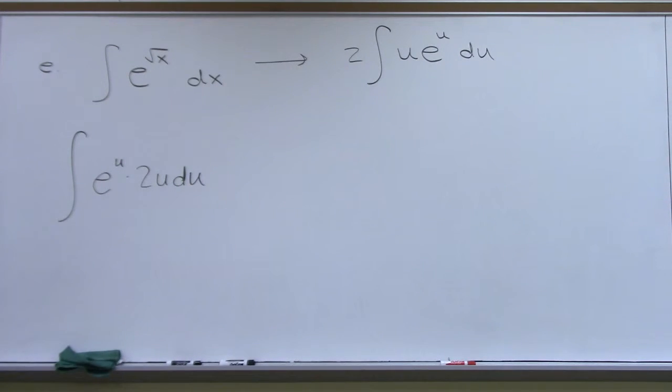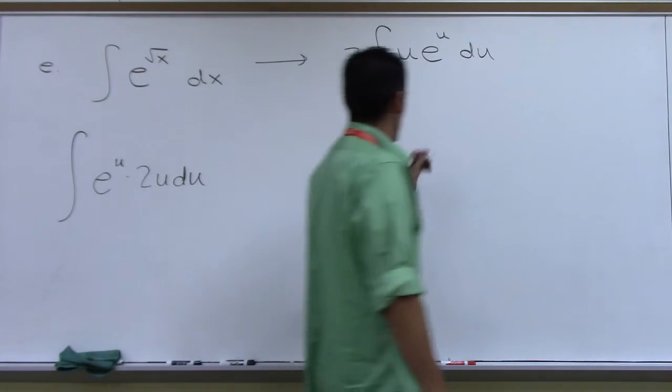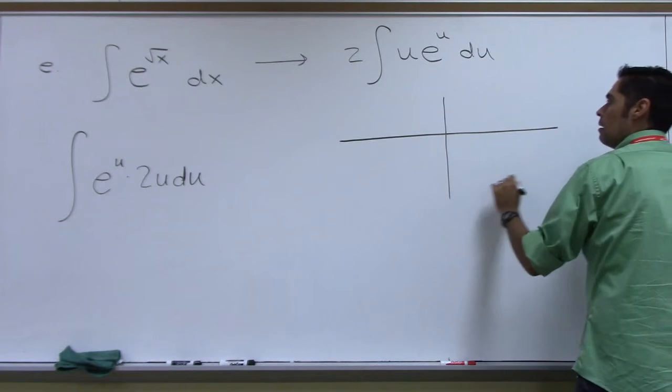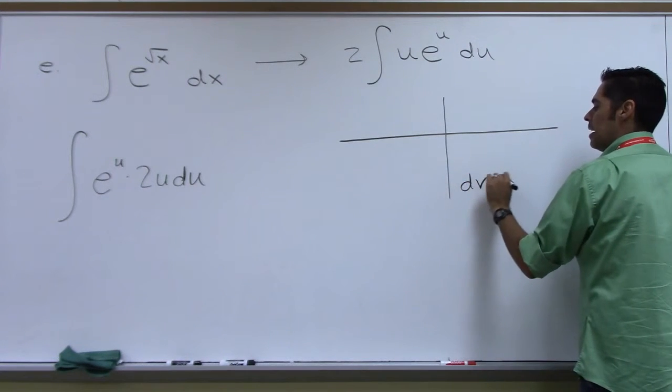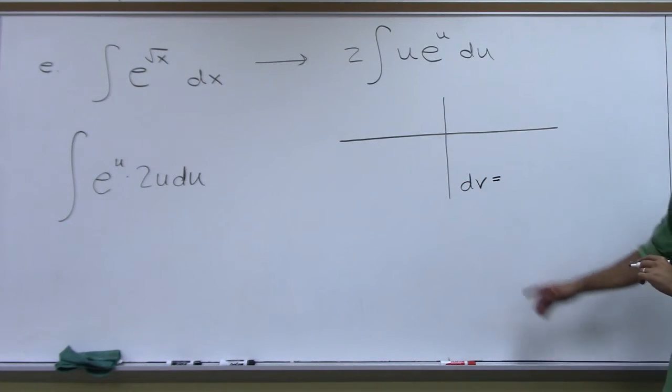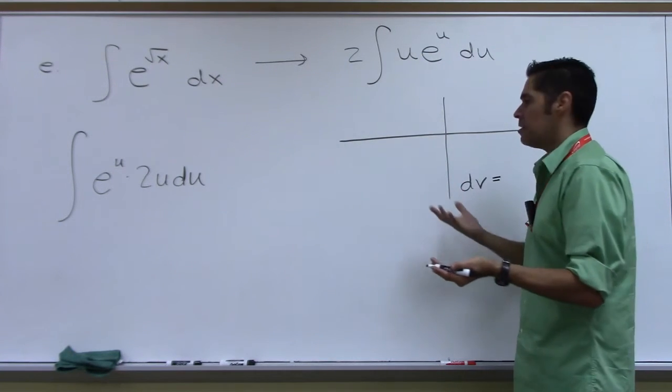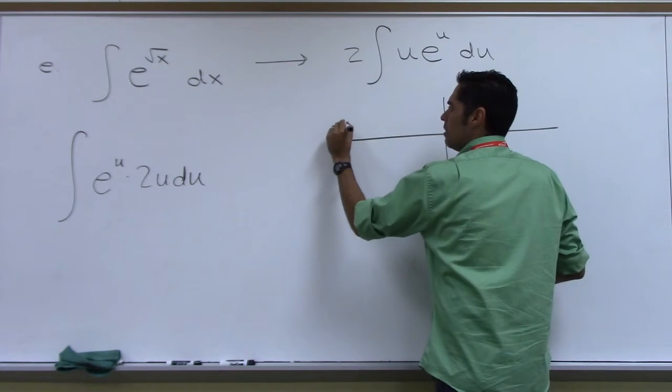So I need to set up an integration by parts table. I'm still going to call this dv, but do you see why I can't call this u? I'm already using u. So let's use a different variable. Doesn't matter.